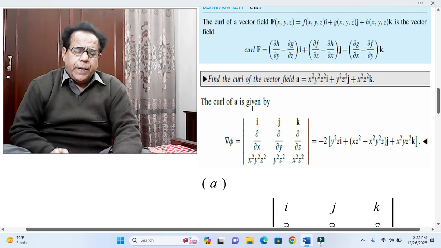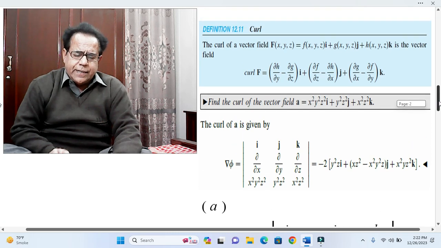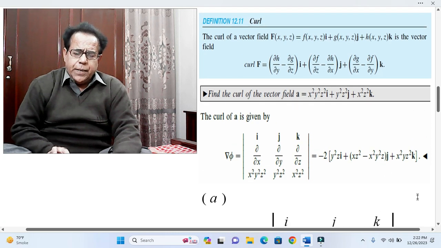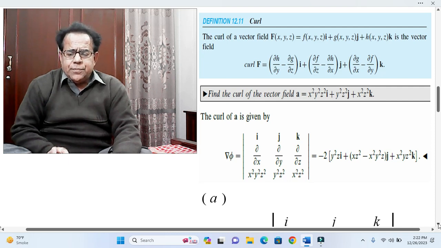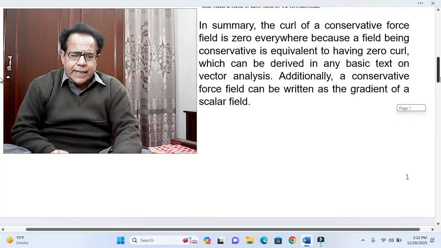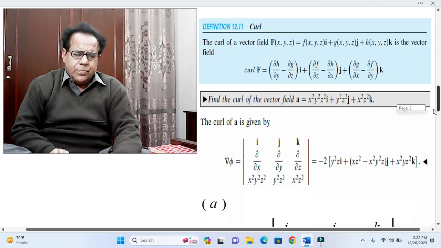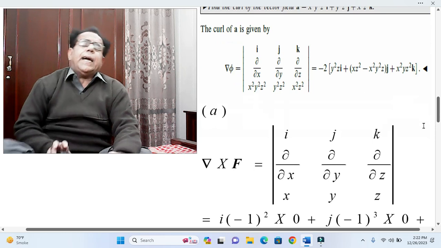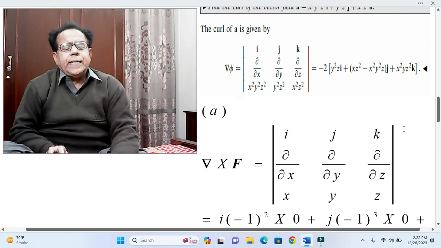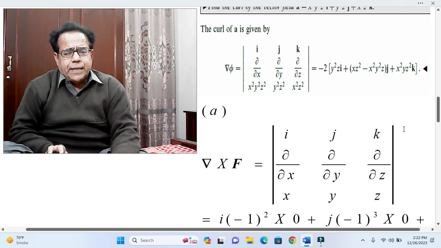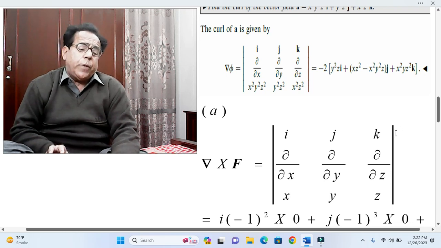The curl of A is given by this. We do not go into detail of these snapshots; they are just a reference. The nutshell of these explanations is that in order that a force or field may be conservative, its curl must be equal to 0. If curl does not become equal to 0, then it is not conservative.